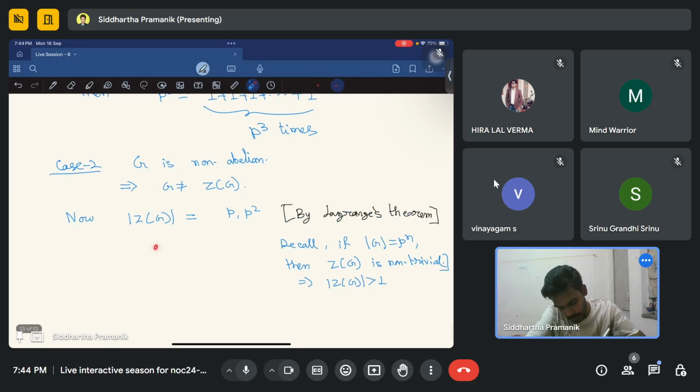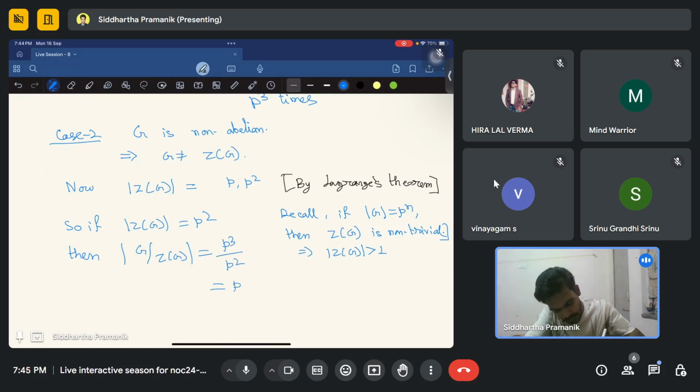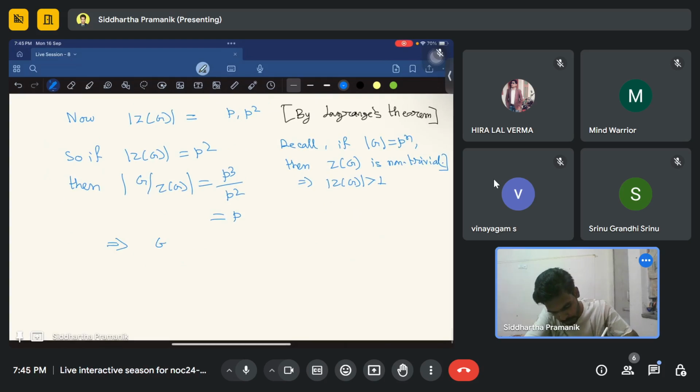So you use the G mod Z theorem. If the order of Z(G) is P square, then the order of G mod Z(G) is PQ by P square, which is P. This is a prime number, so G mod Z(G) is cyclic. This means G is abelian, which is a contradiction.